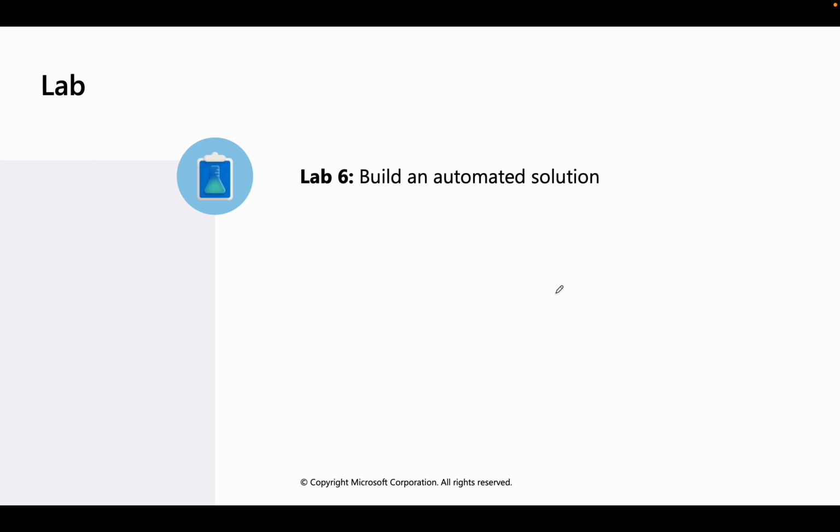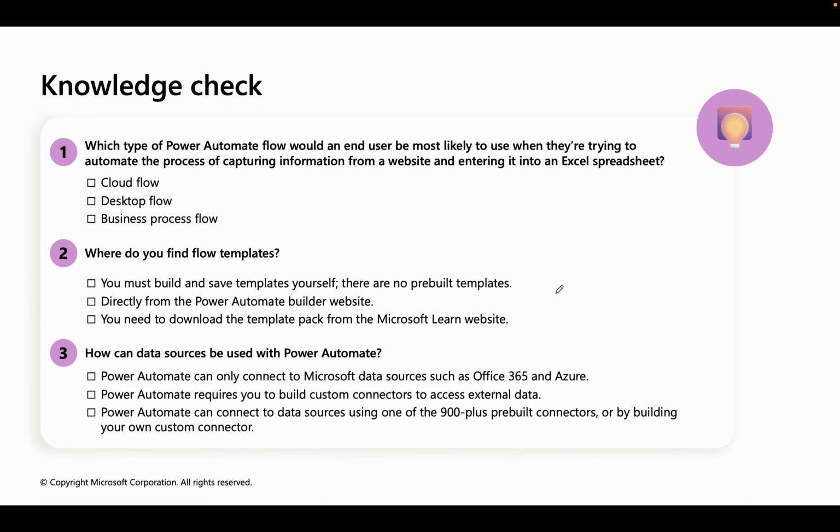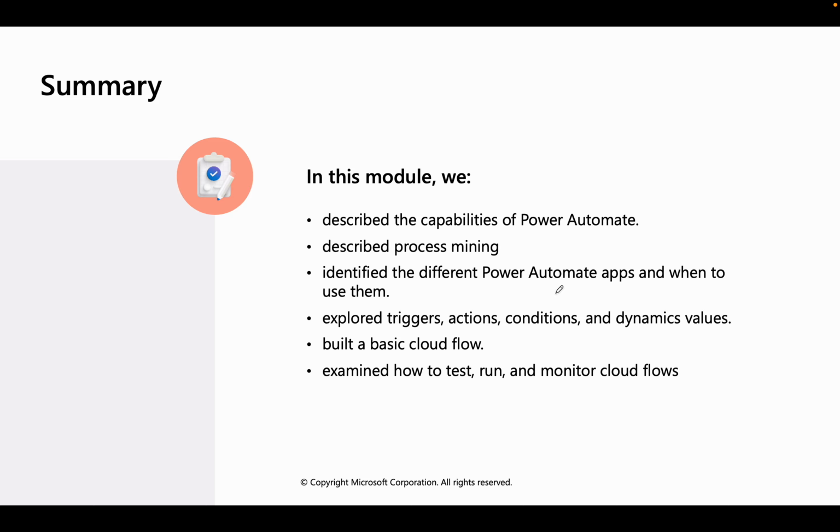So in the lab, you're going to build an automatic flow. For the knowledge check, we'll skip it. So inside this module, we have described the capability of Power Automate, and we also described process mining. And we have identified the different Power Automate apps and flows.